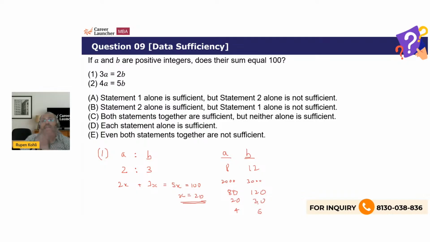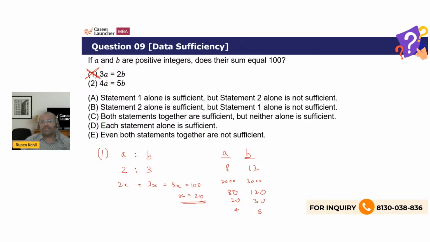No. It may be, but it may not be. All that we know is that they are in the ratio of 2 to 3. Does that guarantee surely that their sum is 100? No. So statement 1 is not sufficient to answer the question asked. Both yes and no scenarios are possible. So this is not a sufficient statement.